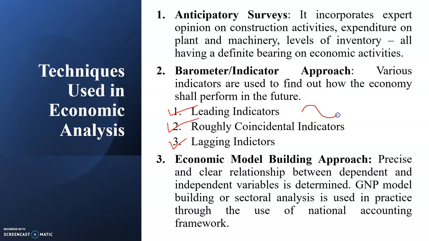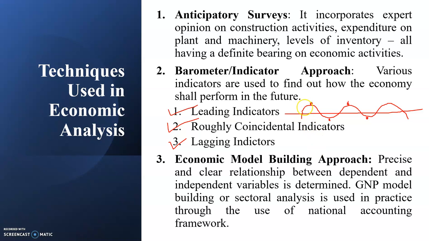Like there is a cycle like this. If you draw a line, you can see this is the peak point, this is the trough or low point. Similarly, this is the high point, this is the trough point. This is the trade cycle of the economy. Now the leading indicators reach these positions earlier than the economy.